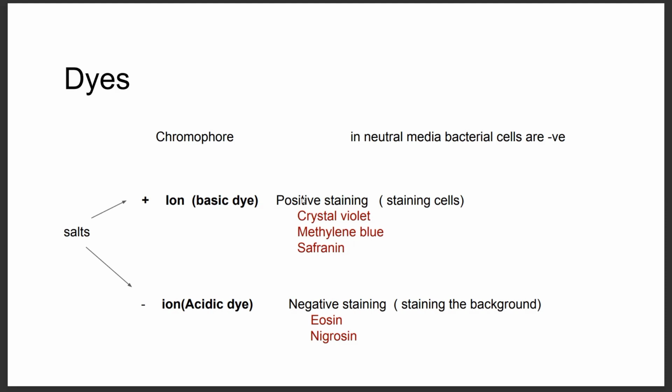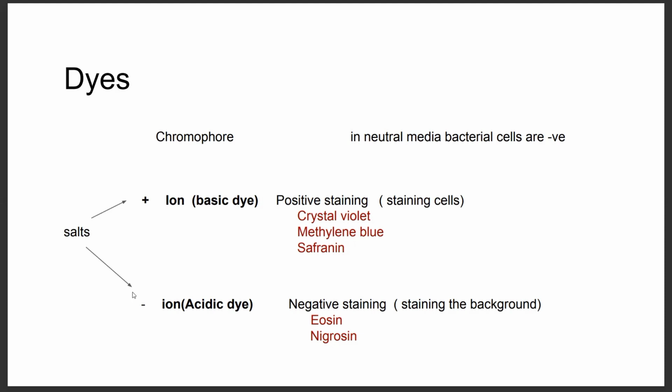Then the next thing is there are two types of staining, positive staining and negative staining. Now, if we take a bacterial cell at pH 7, that means in neutral media, it is negatively charged. Bacterial cell එක neutral medium එකේ කියන්නේ pH 7 වලදී එයා negatively charged. හරිද?